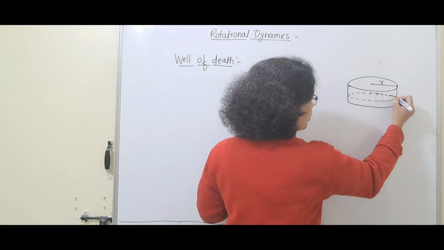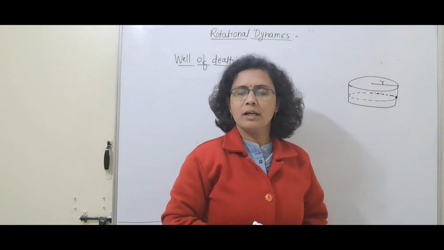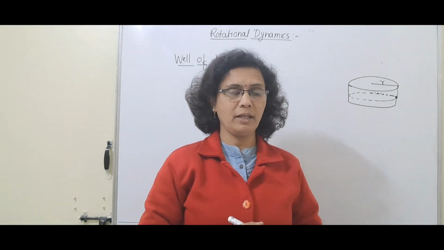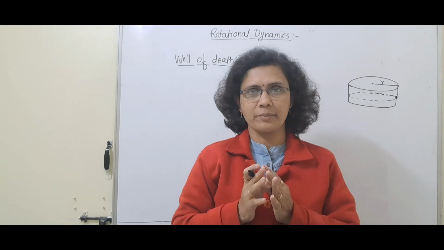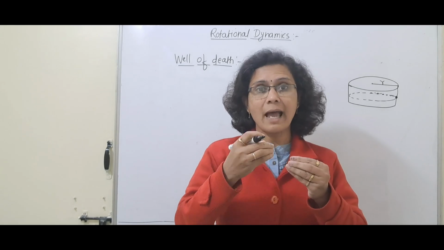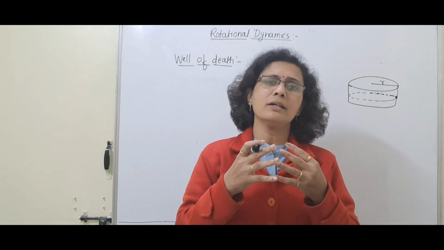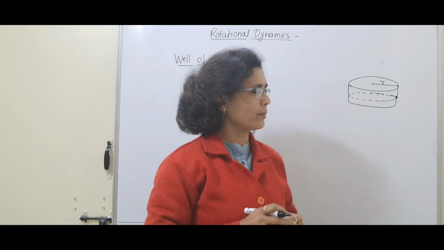If this is the motorcyclist's position, we first have to consider the FBD for the motorcyclist. What is meant by FBD? FBD is nothing but the free body diagram, that is the diagram which shows all the forces acting on a single body.